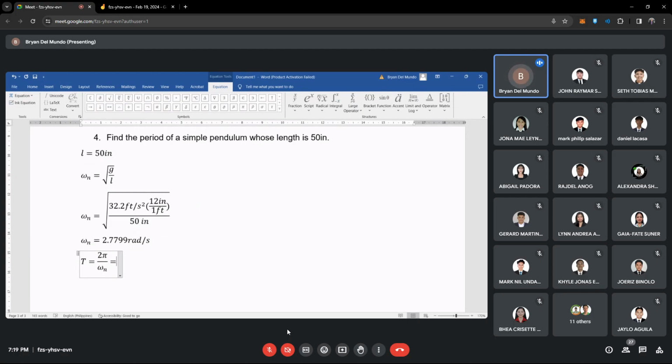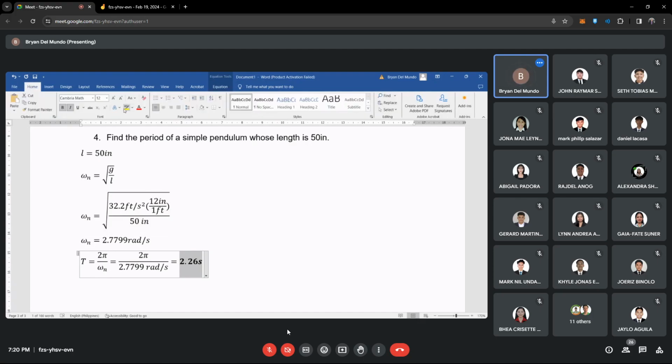Then substituting the values, we have here 2 pi over 2.7799 radians per second. So the value of our period is 2.26 seconds. So yan ano, ang dali lang.